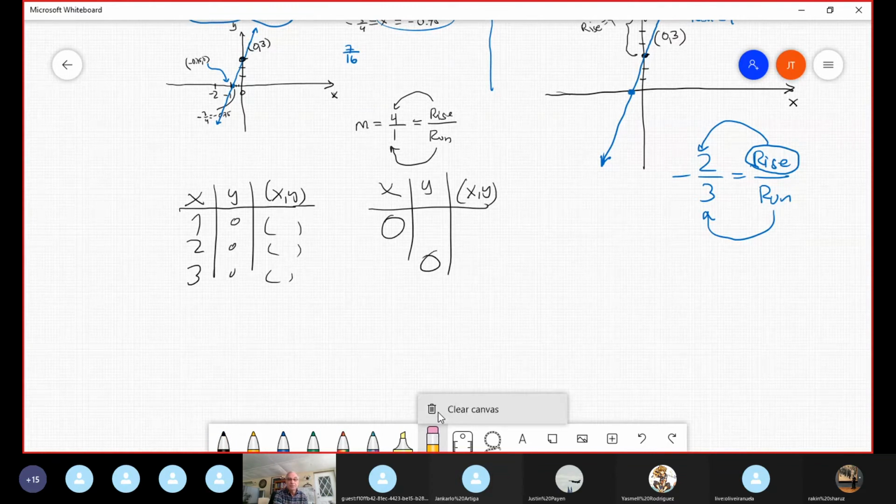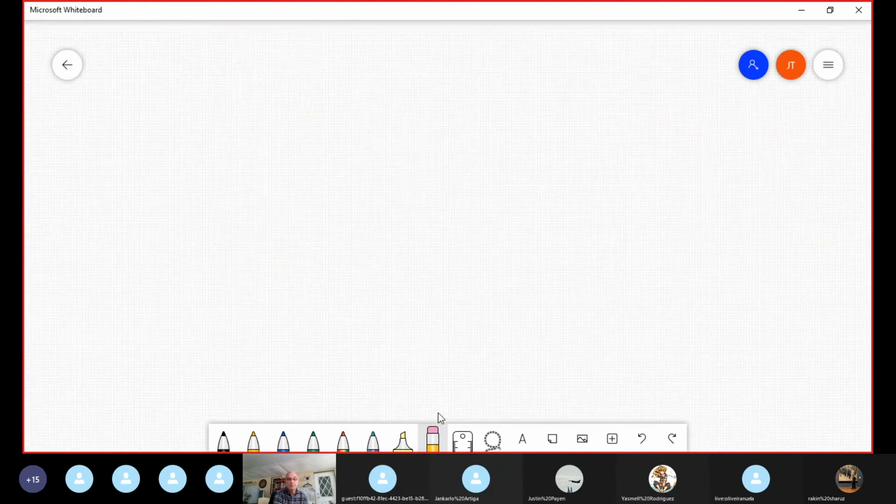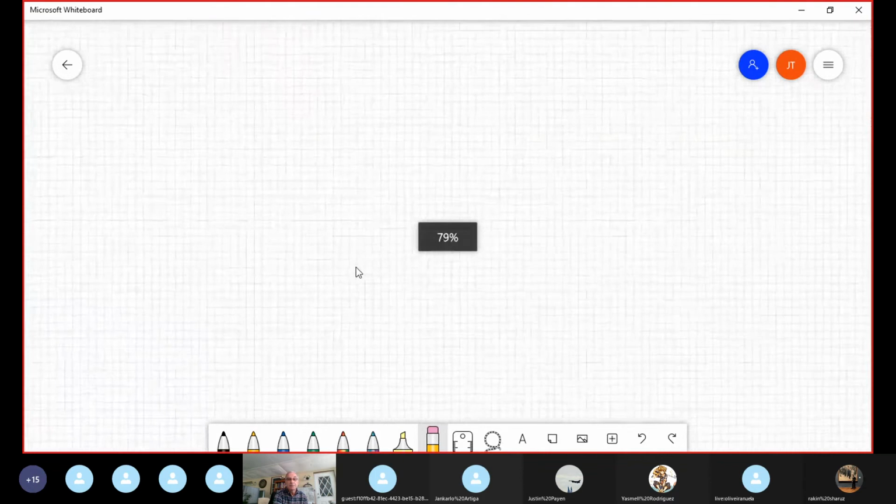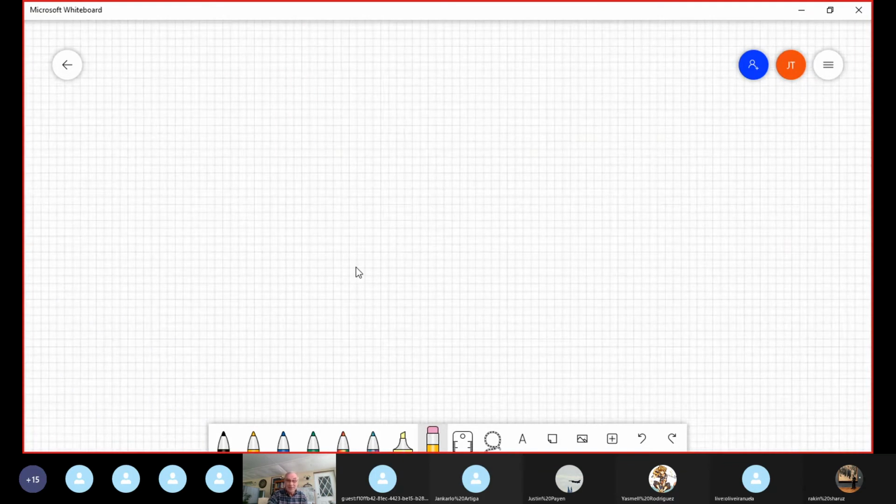Let's move on to number 5. Number 5 is similar. What is the only complication in number 5? Fraction. Negative 3/2 x minus 2.